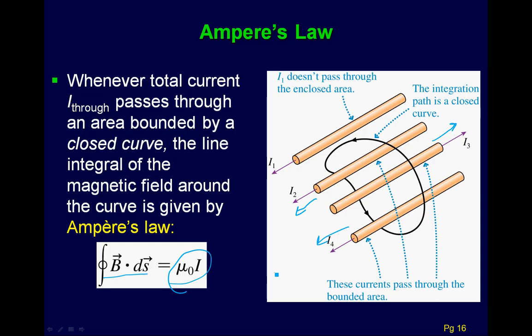So for the total current enclosed in this case, I would say it was I2 plus I4 minus I3. And that's how you calculate the current enclosed.